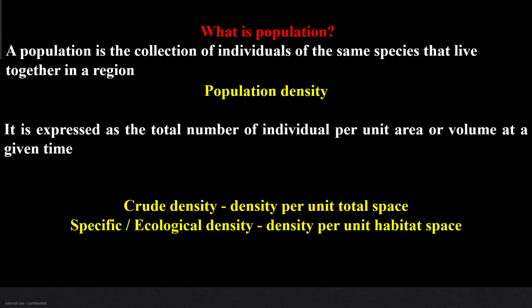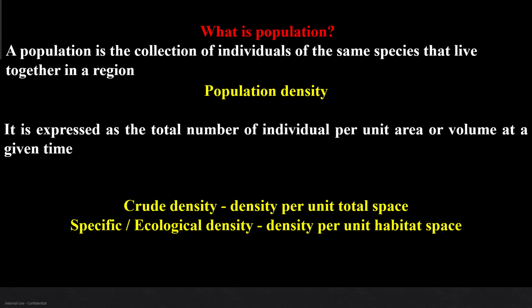Crude density is the density per unit total space. Specific or ecological density is what then? It is the density per unit habitat space. Crude density is the number of individuals occurring in the total area, but specific or ecological density is very actual.